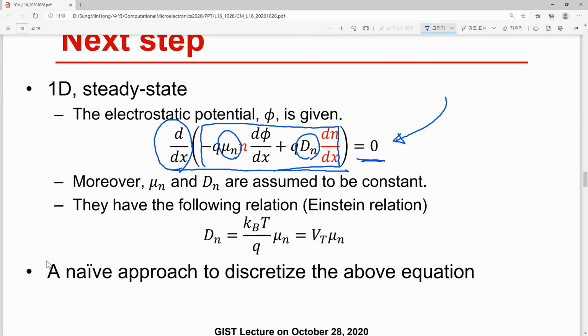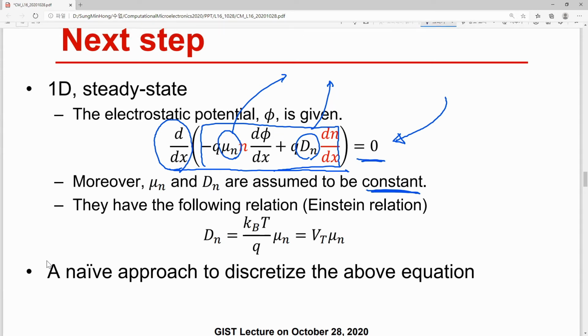You know, this is the mobility and this is the diffusion coefficient, and they are regarded as constant. And even further, we will assume the following relation, frequently called the Einstein relation.